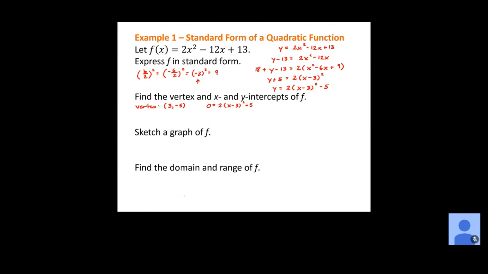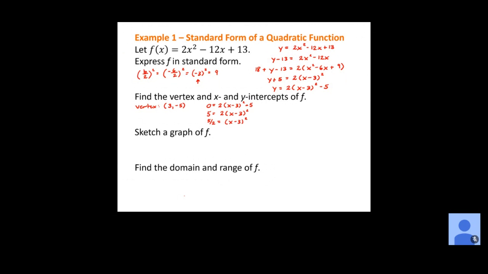So then I just need to solve that for x. So I'm going to move the 5 over. So that's going to give us positive 5 equals 2 times x minus 3 squared. Now I need to divide by the 2. So that's going to give us 5 halves is equal to x minus 3 squared.